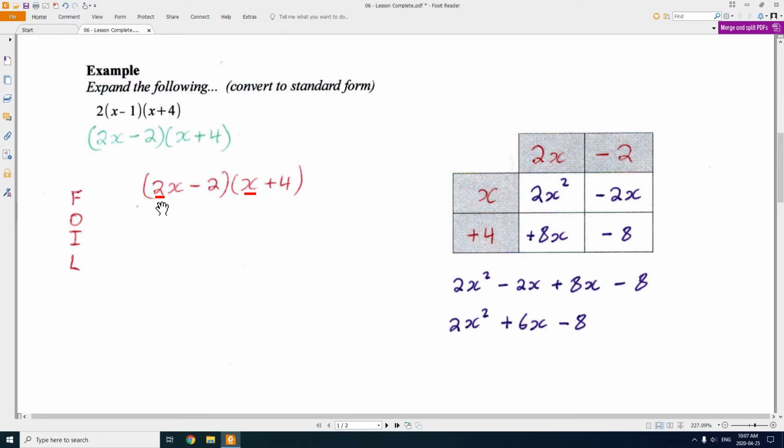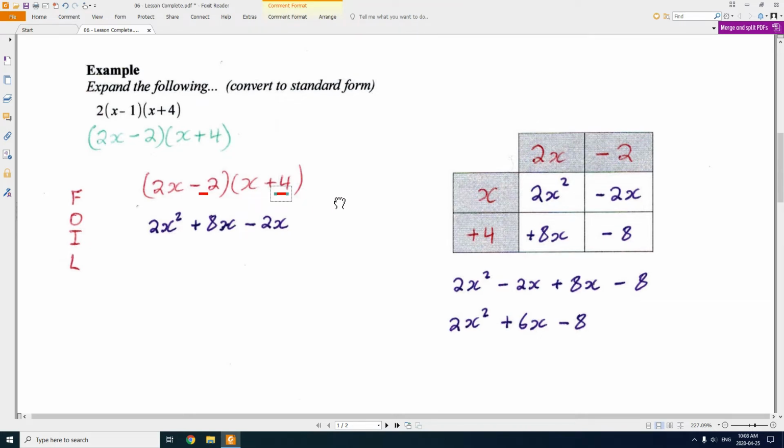First terms: 2x times x gives me 2x squared. Outside terms: 2x times 4 gives me 8x. Inside terms: negative 2 times x gives me negative 2x.